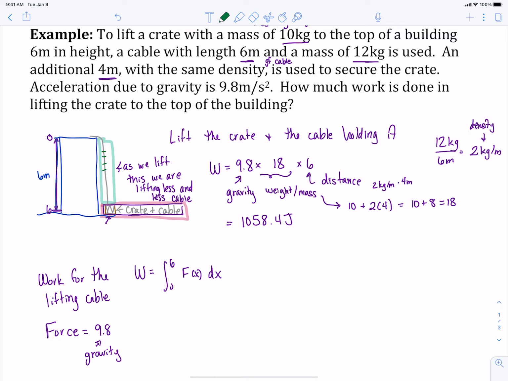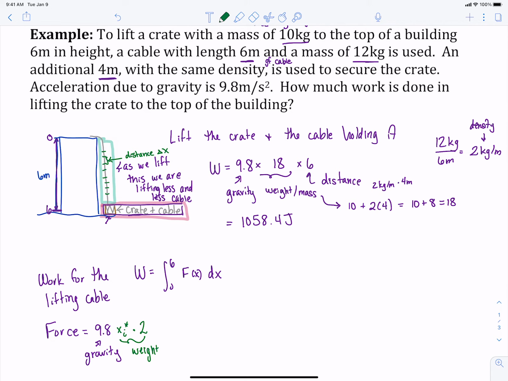Well, we can chop this up and say, to lift it that little bit, the distance that we're lifting there is delta x. And then we're lifting it some x sub i star, but it's also times our density, and that's going to give us our weight because it's how much of that cable that we're lifting.